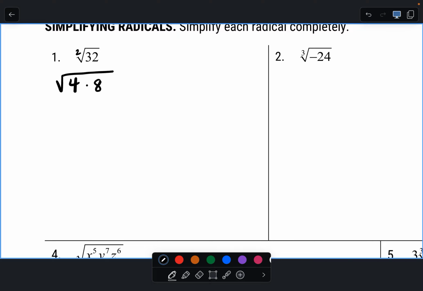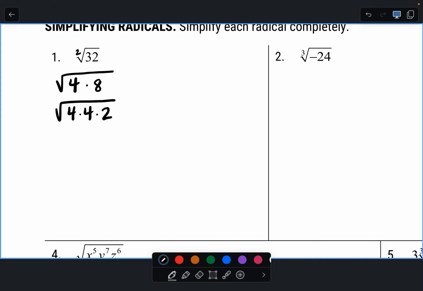Now, a lot of the time, if you remember, when we started doing this quite a bit, we didn't have to write this middle step where I separate it all into cube roots. If you want to, and that helps you space things out and see that you're taking the cube root of everything, absolutely. But we don't require this step.